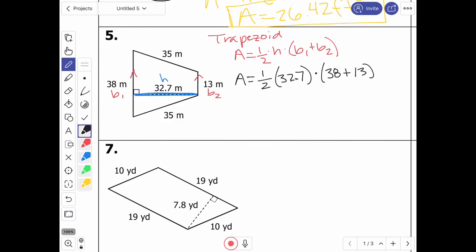Okay, so 38 plus 13, I get 51 inside this parentheses, and then 32.7 times 1/2 is 16.35. So if I take 16.35 times 51, that'll give me the total area of this trapezoid to be 833.85 meters squared.